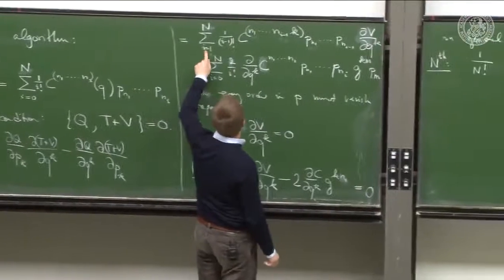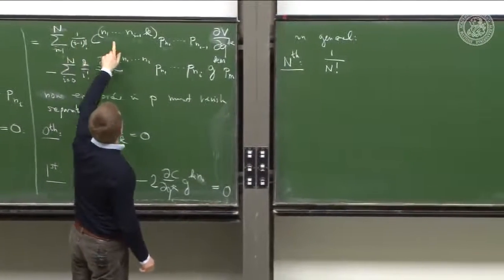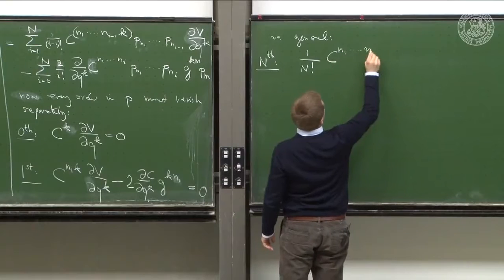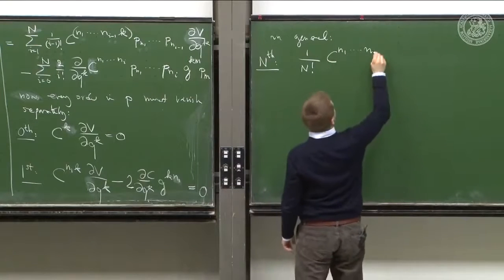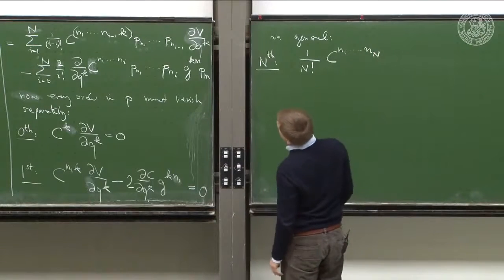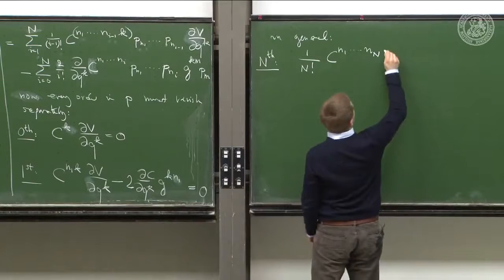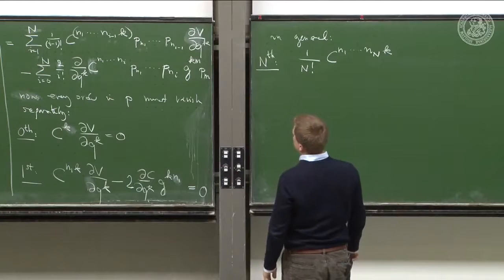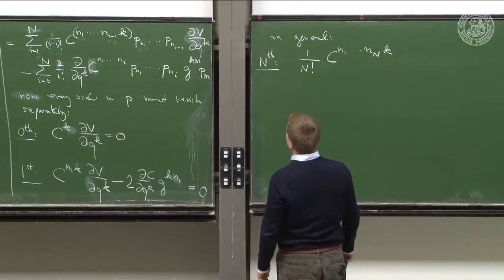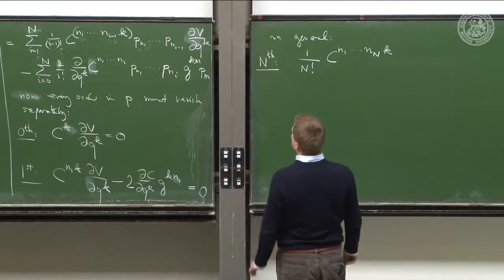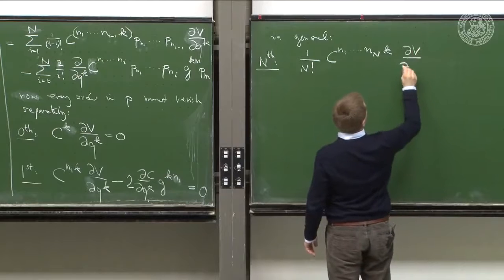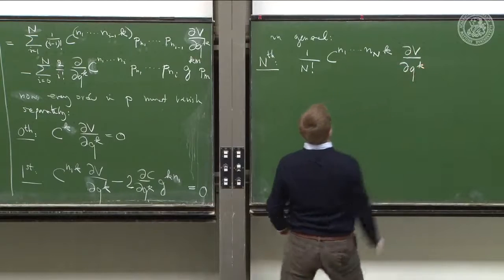Then I have C n1 up to n, because I is n plus 1. Then there is another k. That's right. Then come all these P's. And then I have dV by dq k.